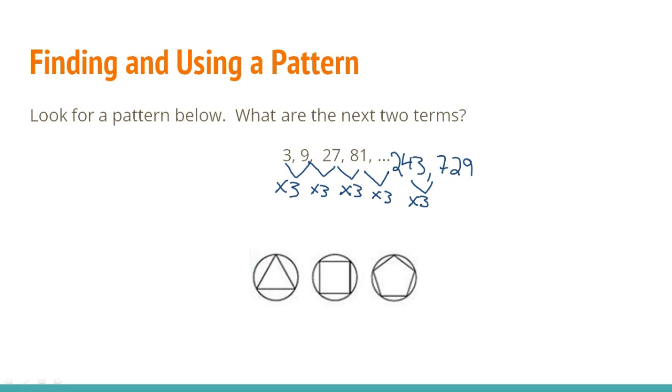Now, this bottom pattern is a geometric pattern. We've got a circle with a triangle inside of it, then a circle with a square inside of it, then a circle with a pentagon inside of it. So we started with a three-sided figure, then went to a four-sided figure, then a five-sided figure. The pattern is to add one side each time.